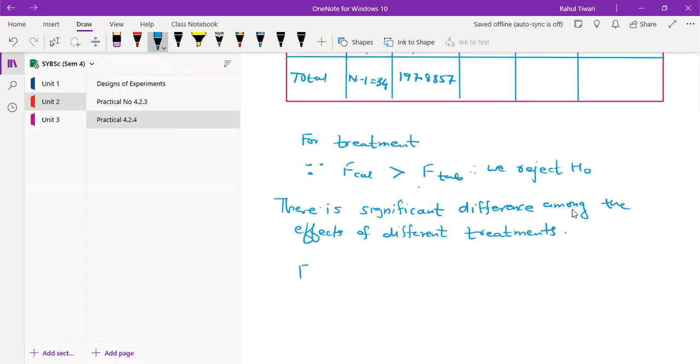And similarly, you can write for the blocks also. So for the blocks, it is all common.